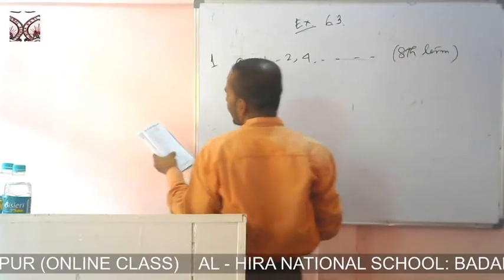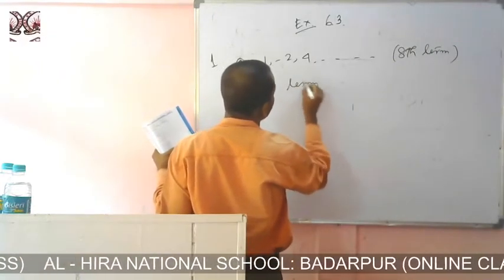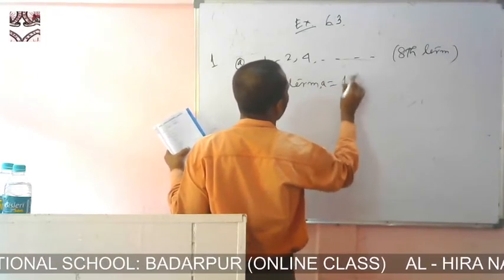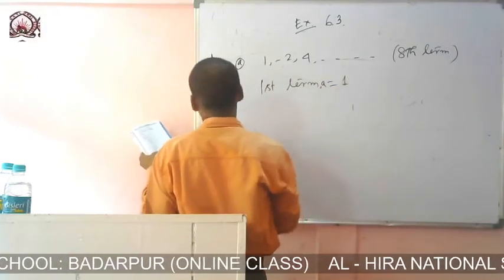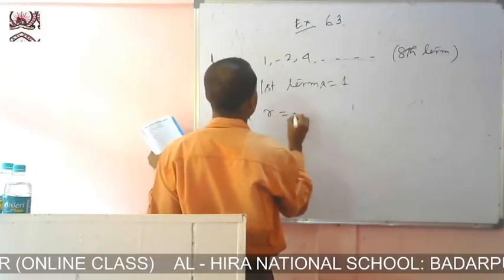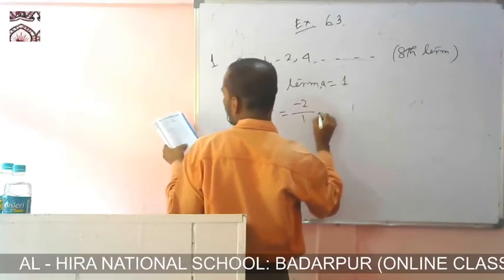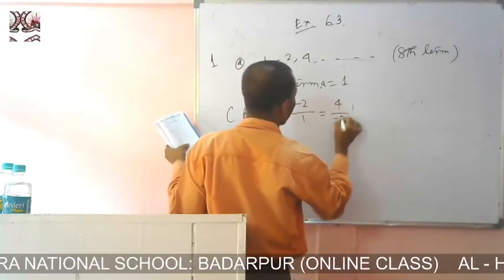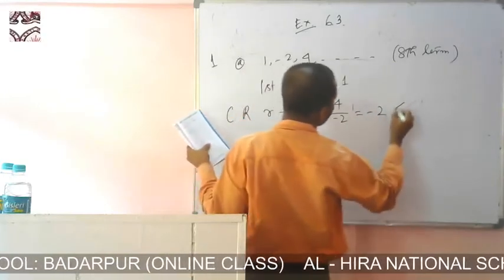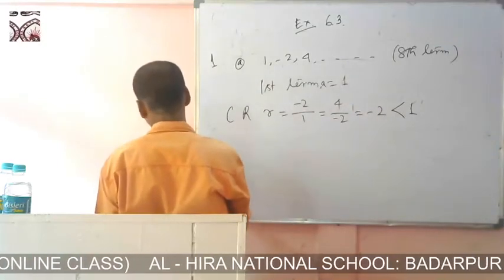So the first term given, a, is 1, and then the common ratio r will be minus 2 by 1, which is equal to 4 by minus 2, which is equal to minus 2. This value is less than 1. So which formula will be used?